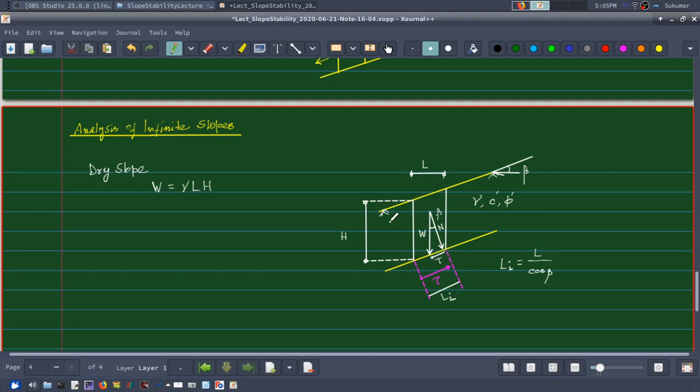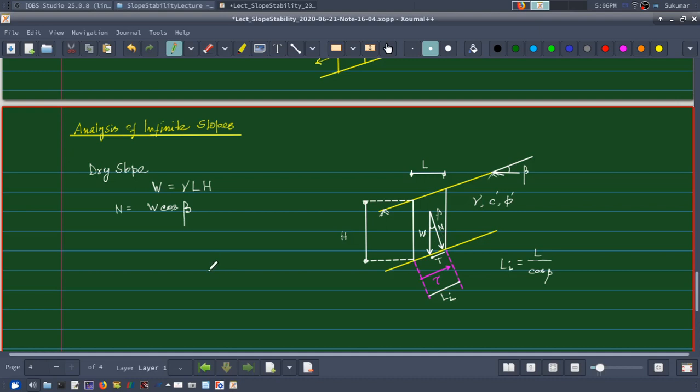When I do that, I denote the normal component of the weight as N, and we can easily see that N is W cos beta, because this angle is beta. Since the angle between two lines is equal to the angle between their perpendiculars, this angle will be beta.